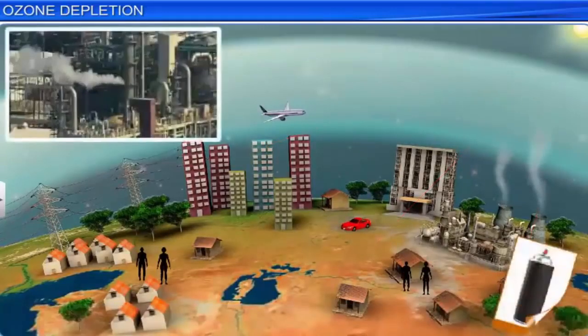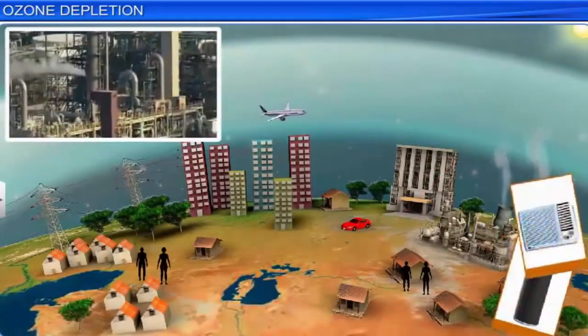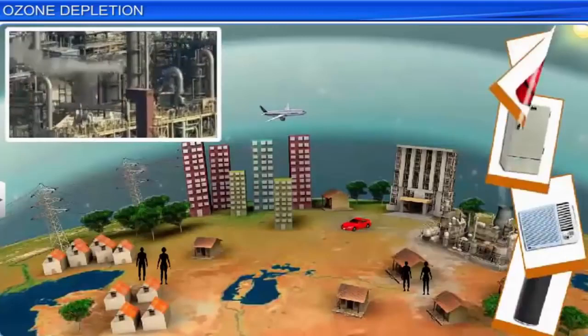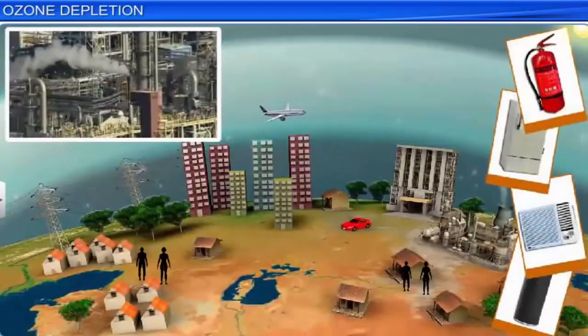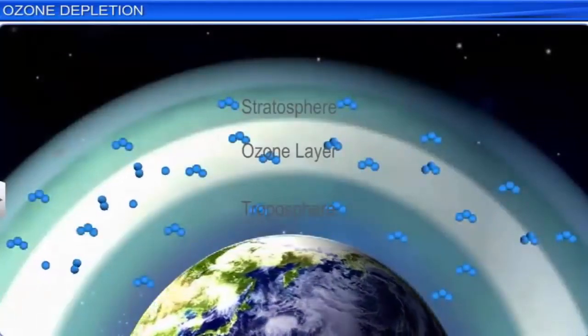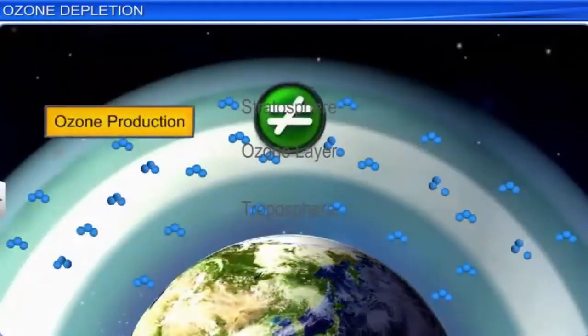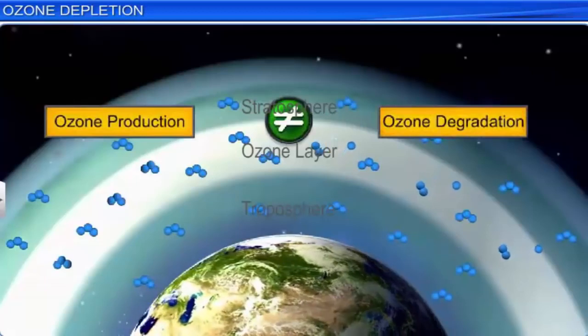Unfortunately, various human activities have resulted in depletion of the protective ozone layer. Moreover, there has been an imbalance between production and degradation of ozone in the atmosphere.